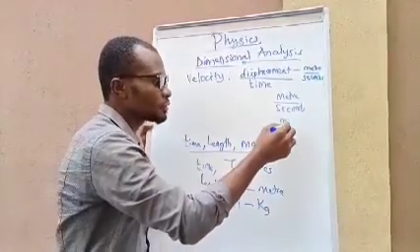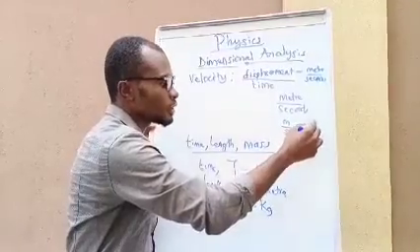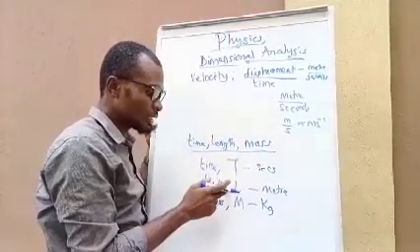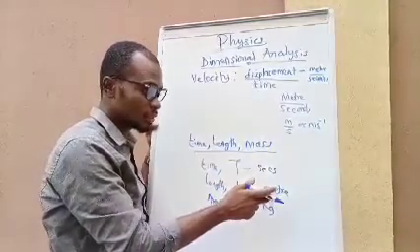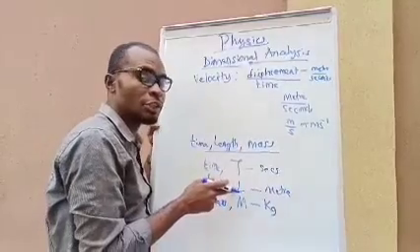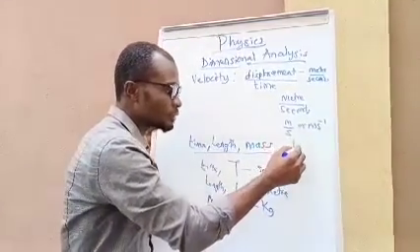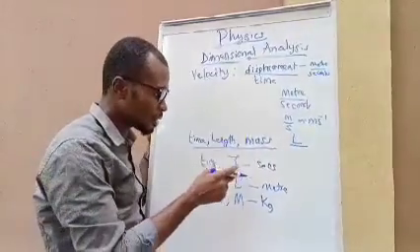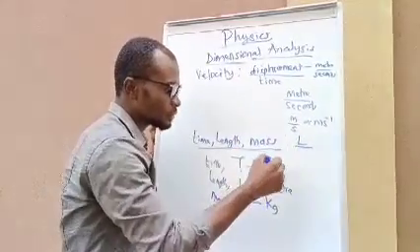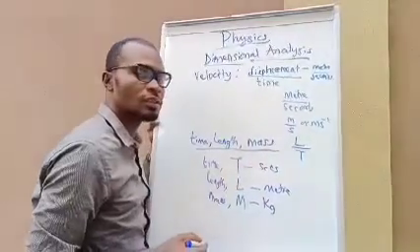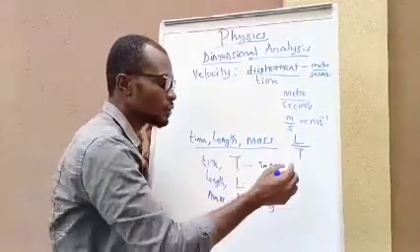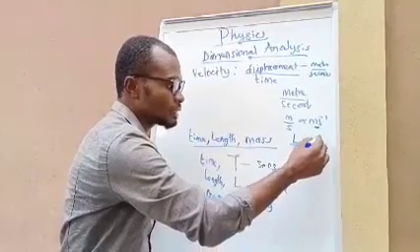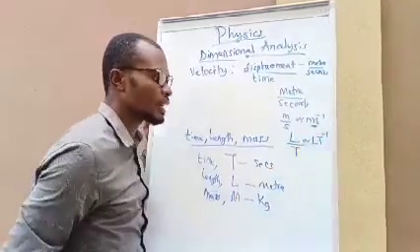Now, the dimension of this would be for meter. Remember I told you that length is meter, this is the unit, and then the dimension is L. So we put the capital letter L over time, seconds, which is L over T. If you write this in this format, we have it as length per time.